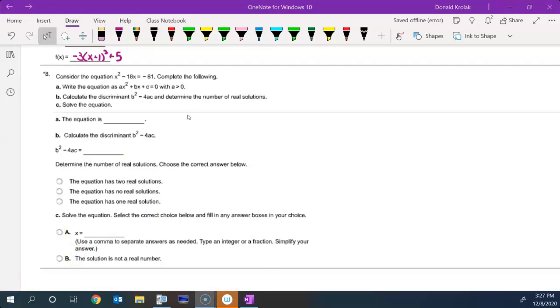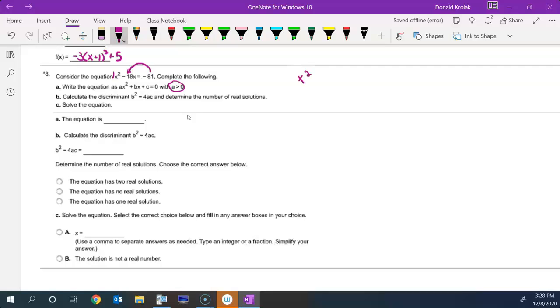All right, consider the equation. Complete the following. Write the equation as a equals x squared plus bx plus c with a greater than 0. So what that means is you're going to move the 81 to this side because you want to keep the coefficient on x squared positive.